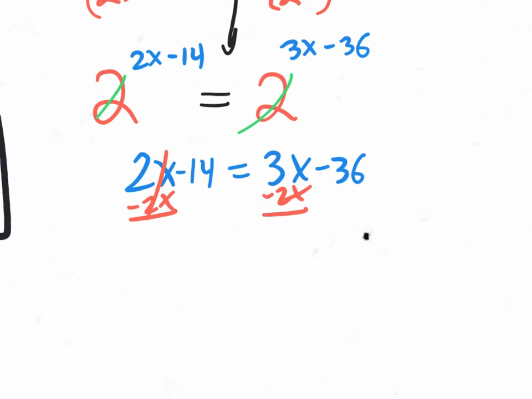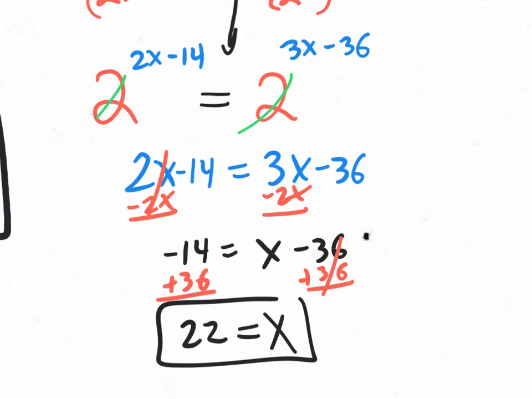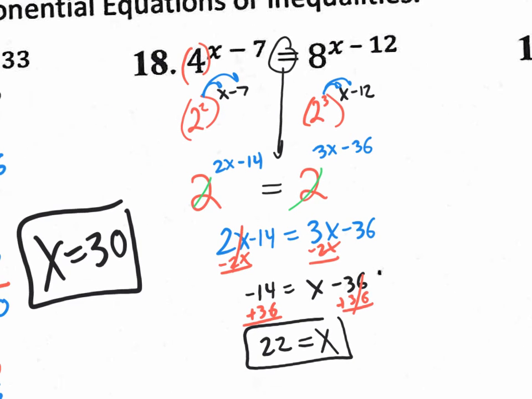We're going to end up with negative 14 equals x minus 36. Add 36 to both sides. We end up with x equals 22. And that's it. That's your answer for that problem. So this was an example where we had to modify both bases, right?